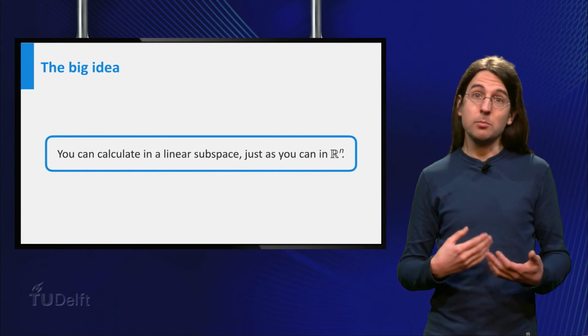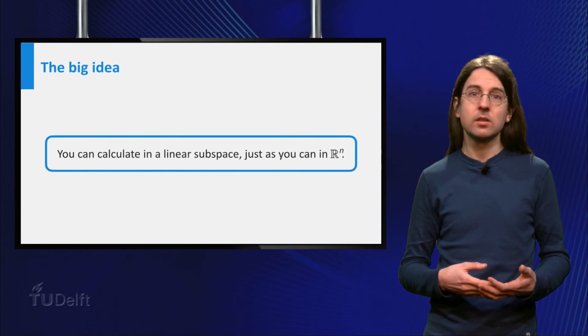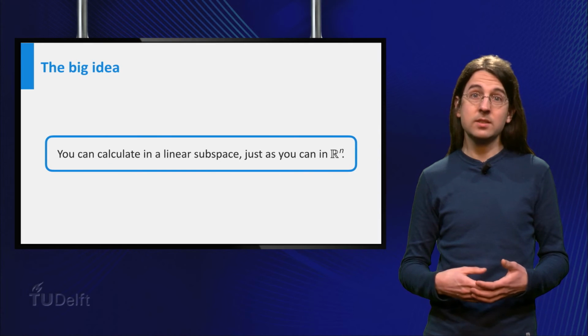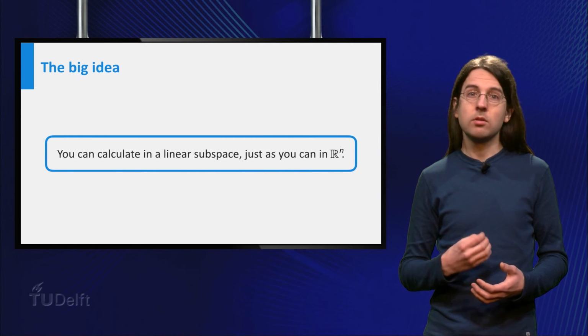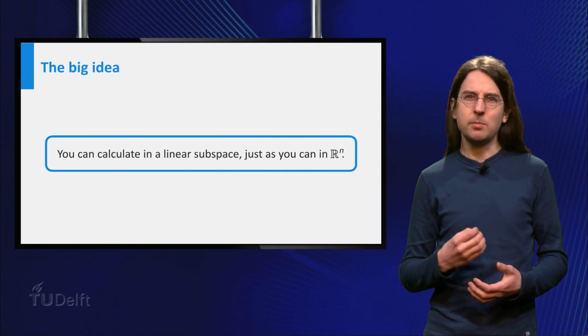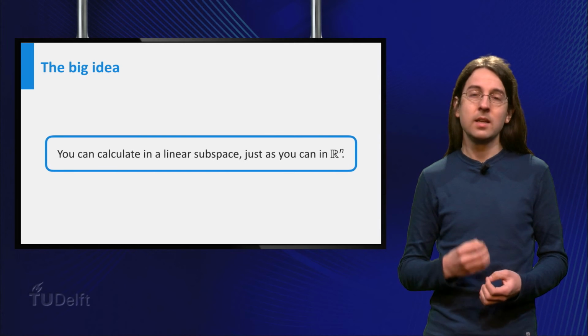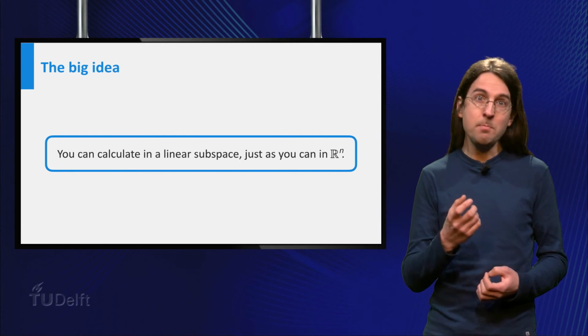Because you can add and multiply vectors within a subspace, you can calculate within this subspace just as you can in an Rn. In this way, you can view a subspace as a set that behaves like an Rn inside an Rm for some bigger m.